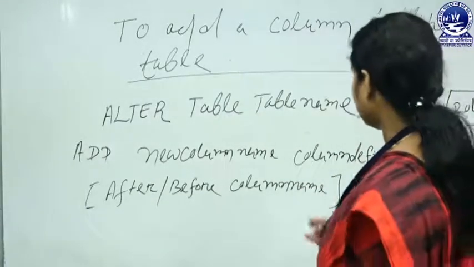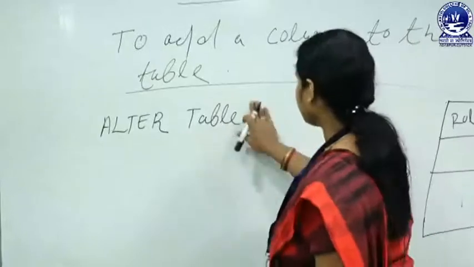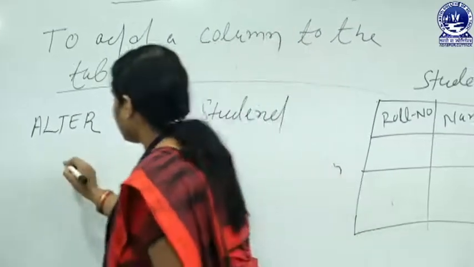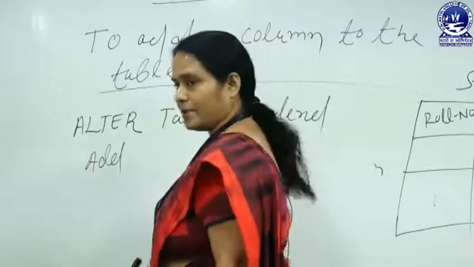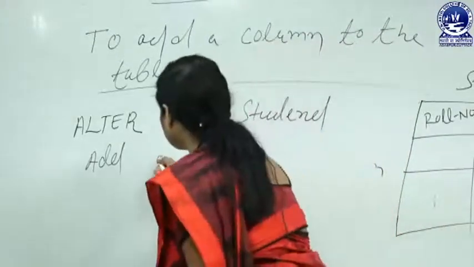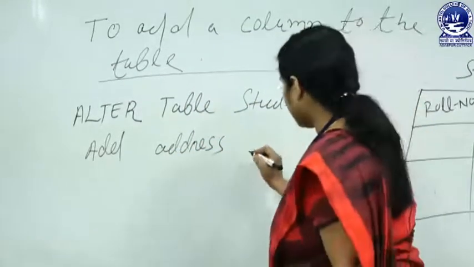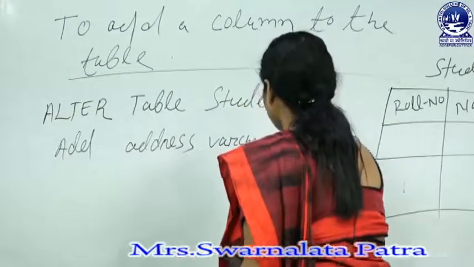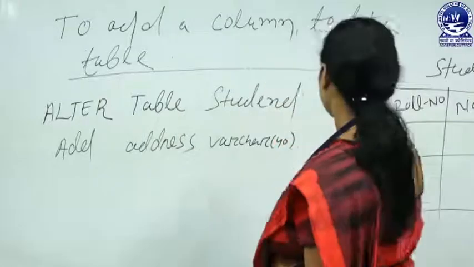Let us implement that syntax on the table. Alter table student, add new column name address, data type varchar 40, and after or before a column name.